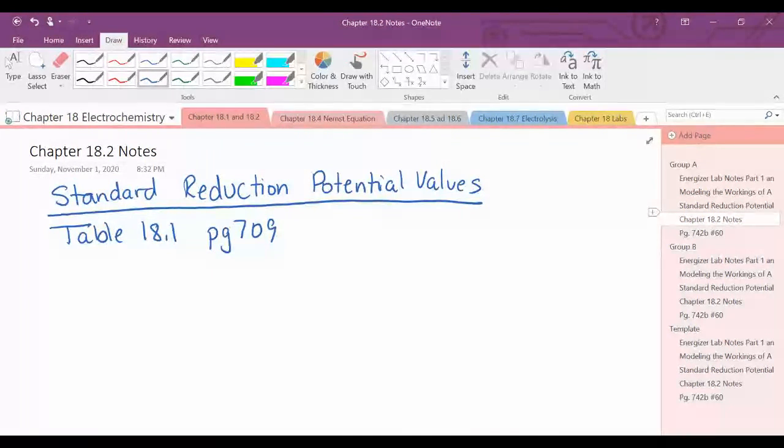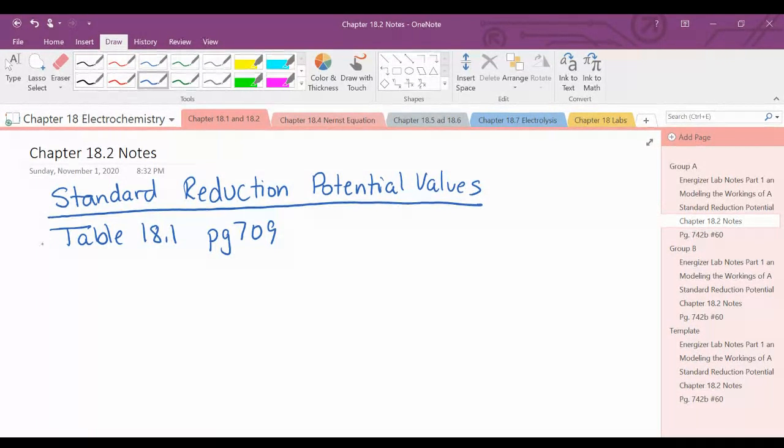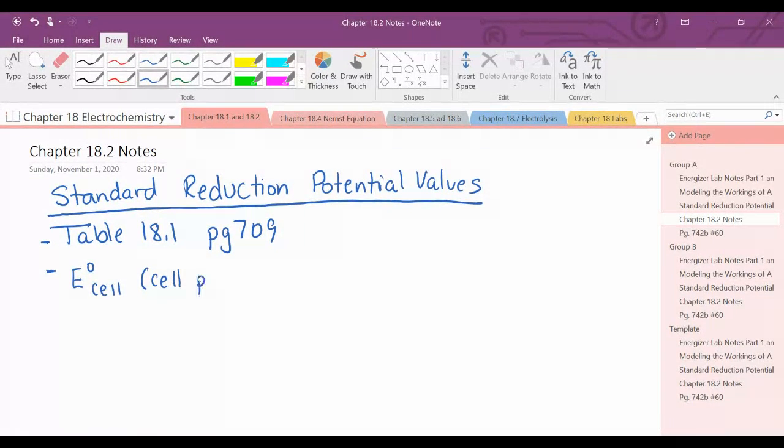You will use this table on your tests. You will not get the activity series for your test. When you're looking at the table, it gives you the cell potential values for half reactions.